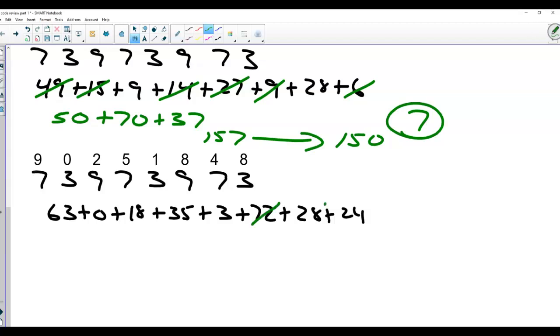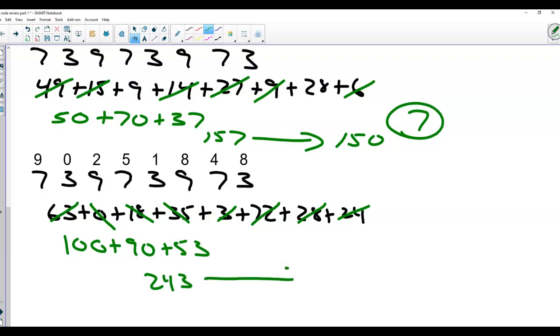Right away, 72 and 28 is 100. 63 and 3 is 66. 66 and 24 is 90. 18 and 35 is 53. And then obviously the 0 really doesn't count. So 190 and 53 is 243. My previous multiple of 10, I should say, is 240. So the check digit is 3.